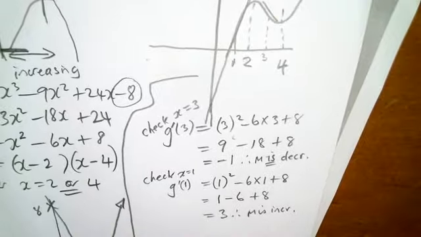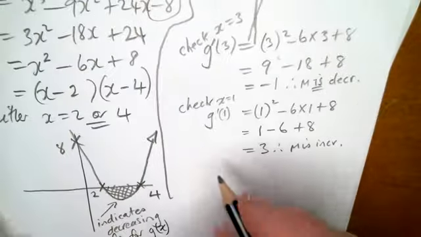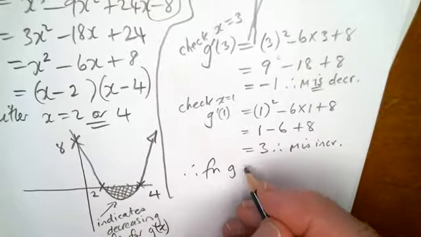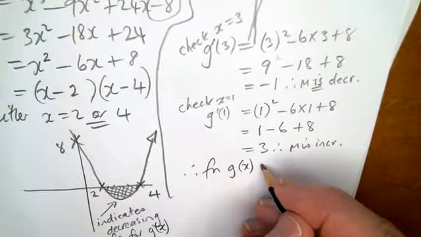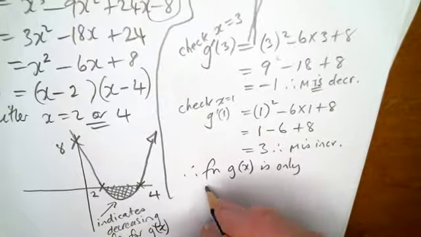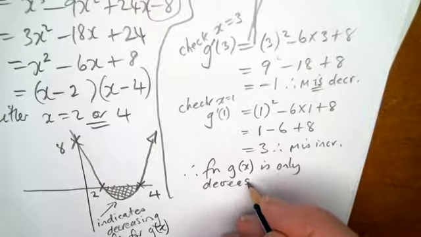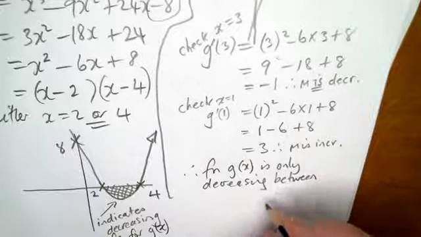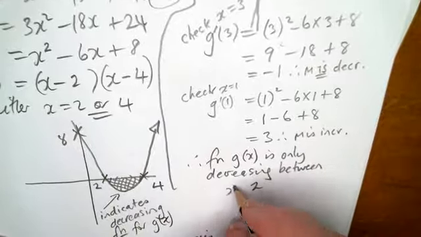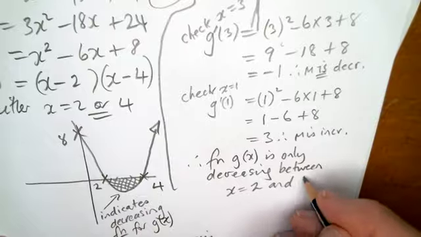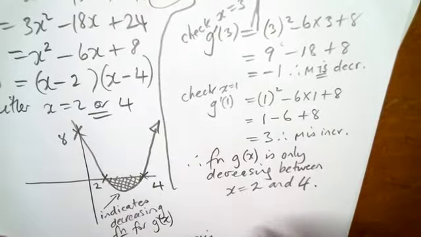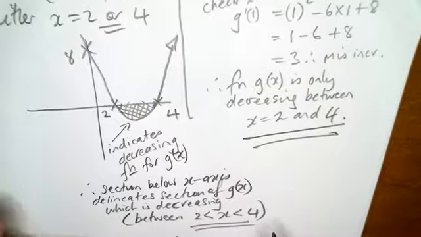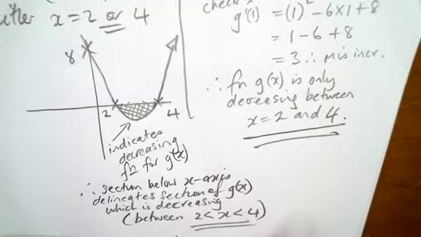So we've made our case now, and so we can say, therefore, function g, or g of x, we'll say, is only decreasing between x equals 2 and 4. And we've already made our inequality here, and here's our inequality. But that's the way that I would write that.